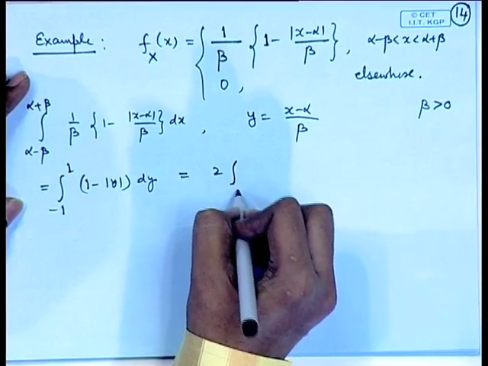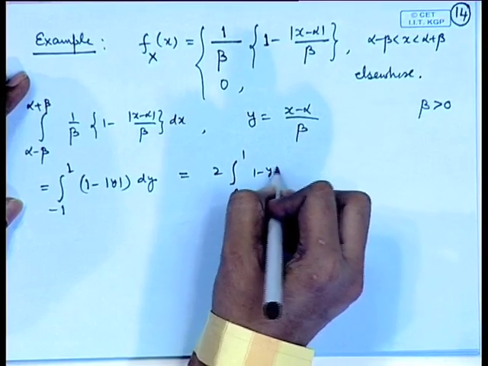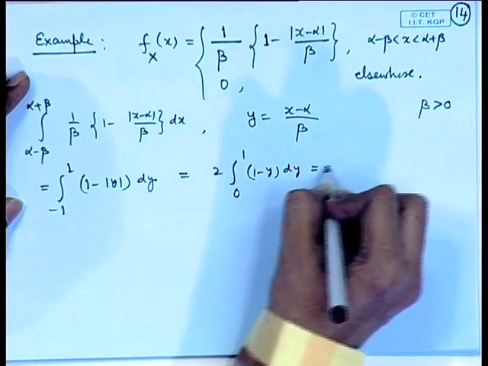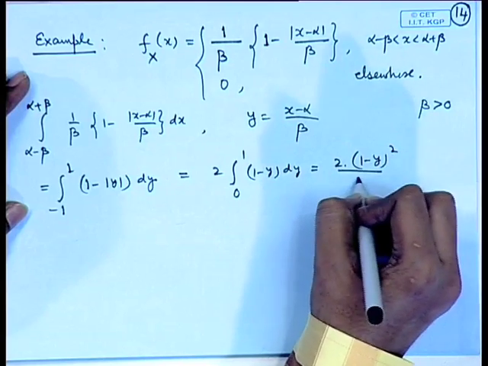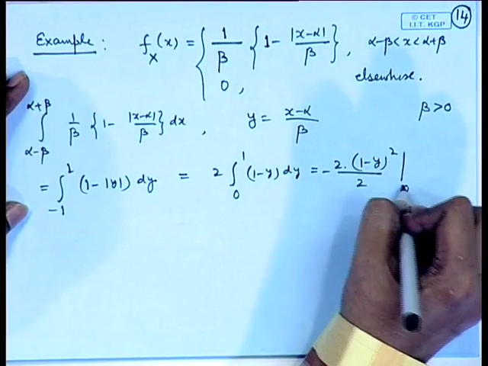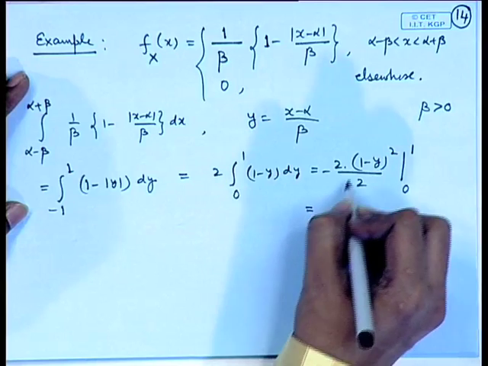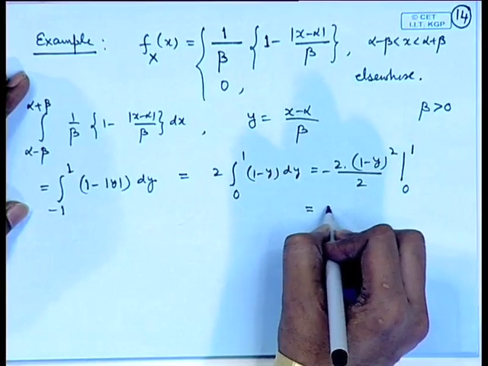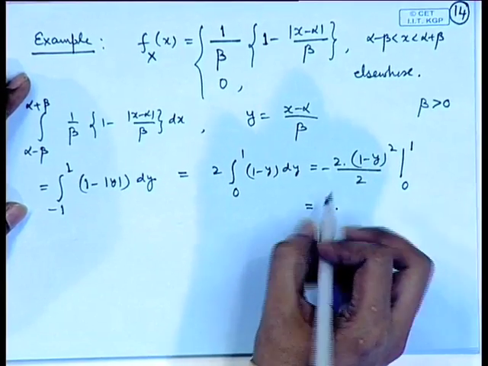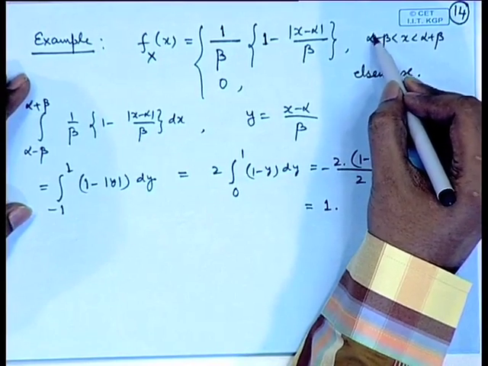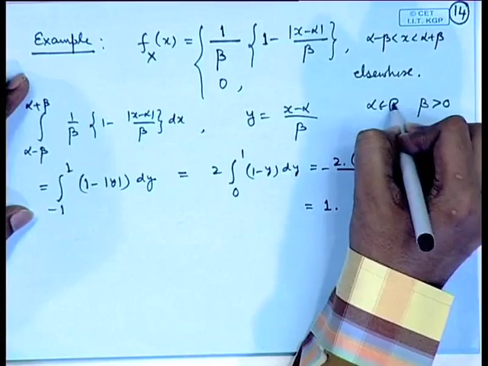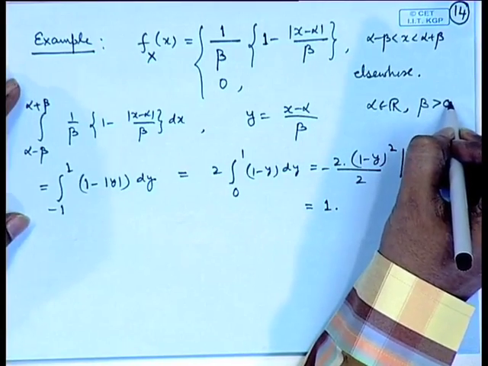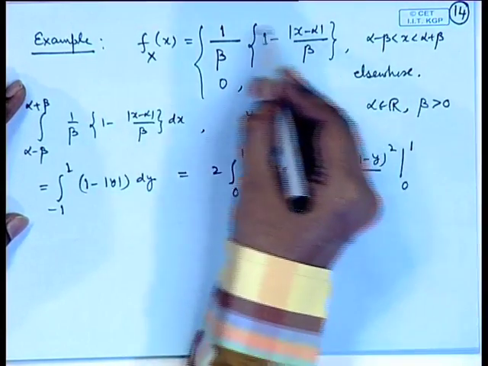So, it becomes twice the integral 0 to 1 of 1 minus y dy, which is equal to twice 1 minus y whole square by 2 from 0 to 1, and this is simply equal to 1. Therefore, there is no restriction on the range of alpha. Alpha can be any real number and beta should be a positive real number in order that this is a valid probability density function.